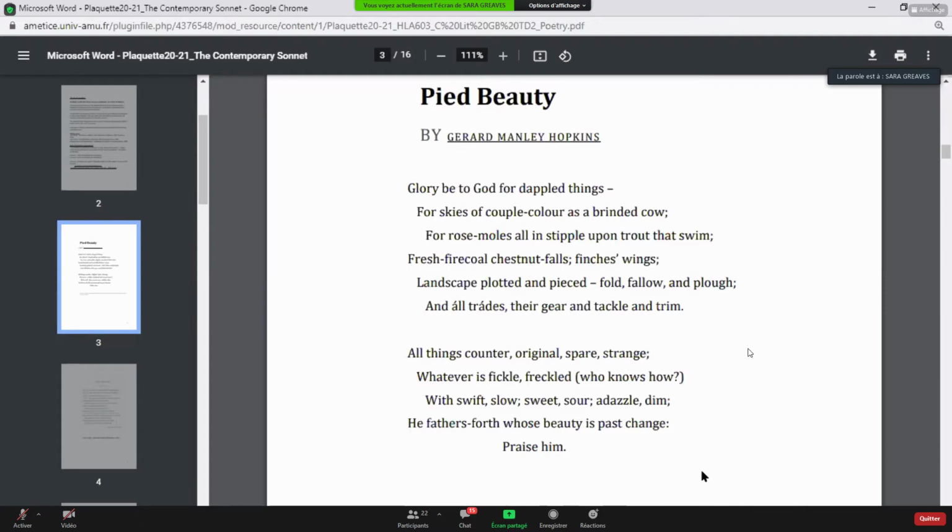Now, I said Gerard Manley Hopkins was a Jesuit priest, and he was torn throughout his life between his religious calling and his poetic vocation, his compulsion to write poetry to celebrate nature, to celebrate the beauty of nature.